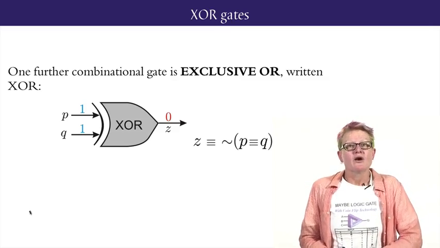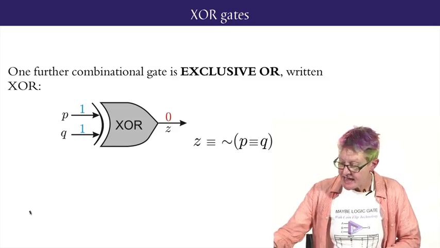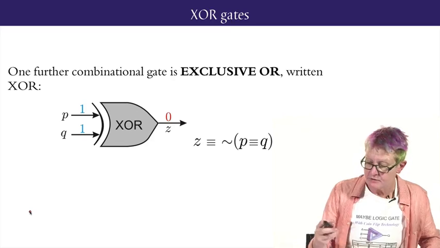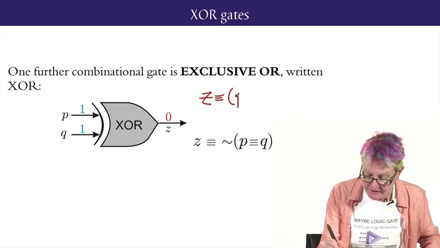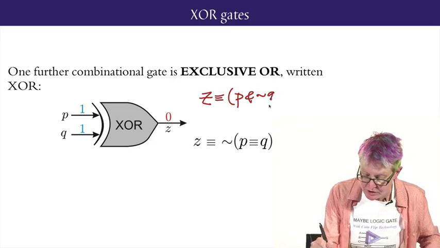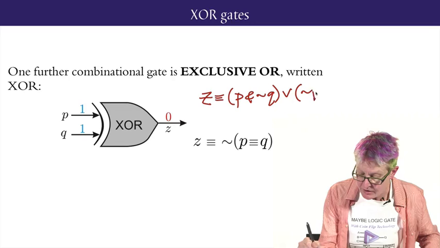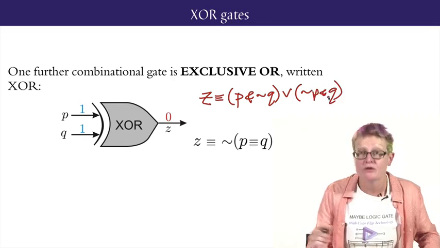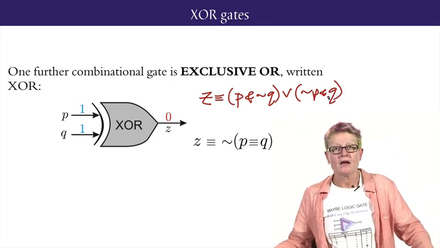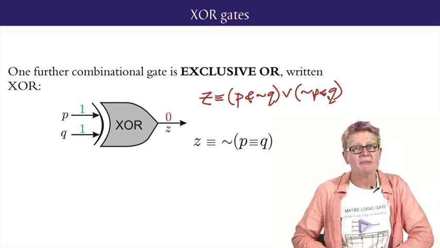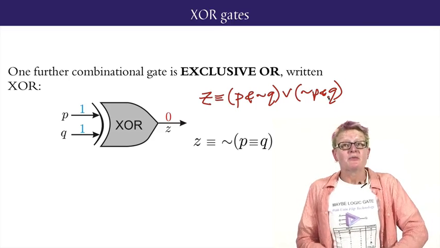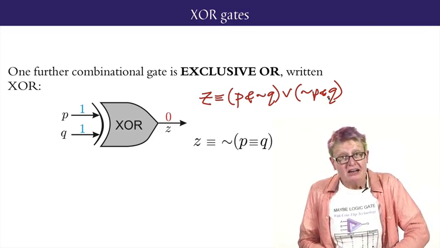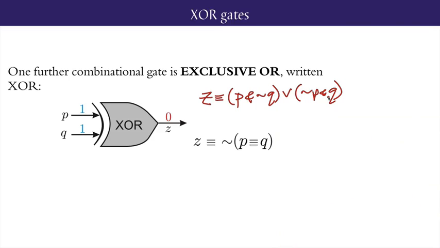To see this, we can equivalently write this as Z if and only if P and not Q, or not P and Q. XOR gates are useful because they behave essentially the same as binary addition, the plus operation numerically on binary numbers.